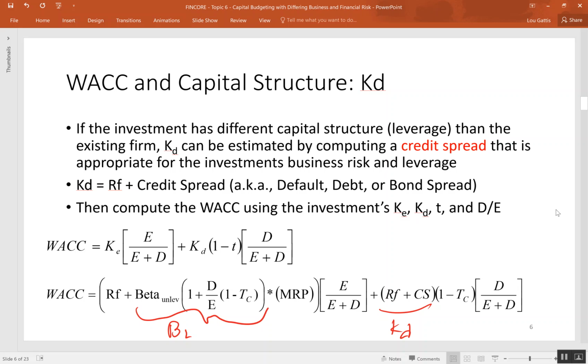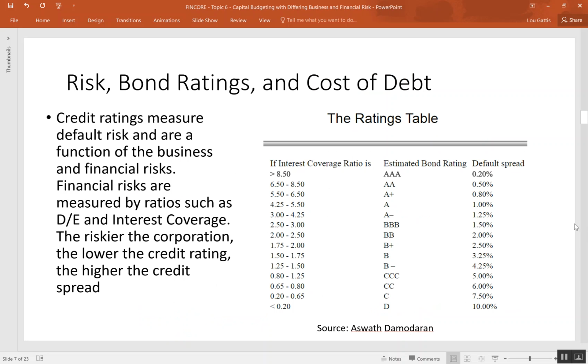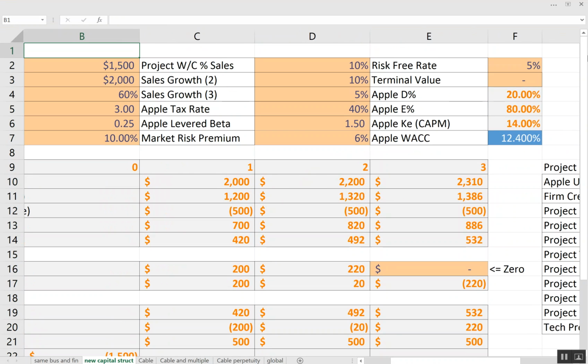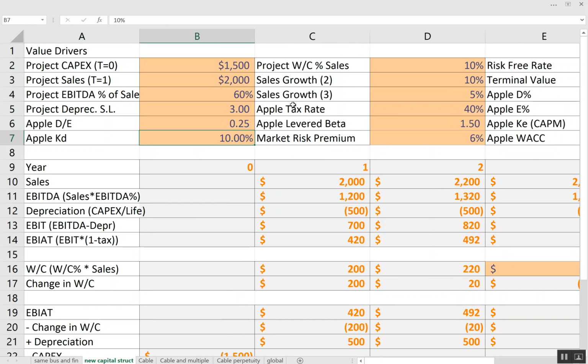Now this project's going to have more debt than the existing firm. So we're going to have to come up with some way to figure out what the spread would be. Now let's go back here. If I take Walmart's existing firm, the risk-free rate is 5%. We'll assume that's for all maturities, say 1 through 30. And the cost of debt in this project, or for the firm, is 10%.